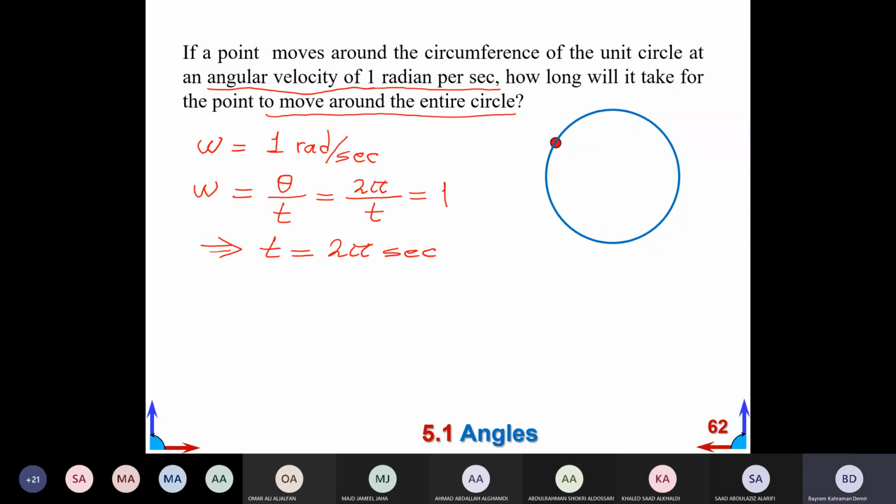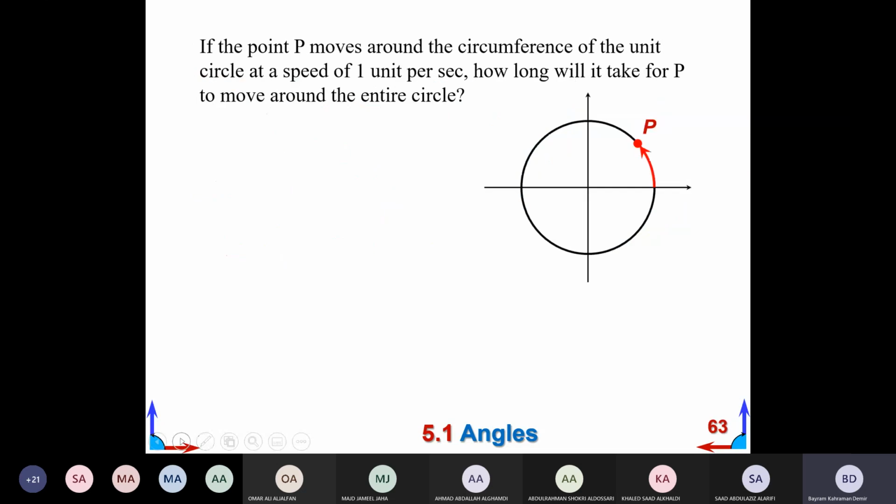Okay, hopefully when we continue, inshallah, things will get clear a little bit. Now the point is again moving around the circle, which is the unit circle, of course. The speed of the point is 1 unit per second.